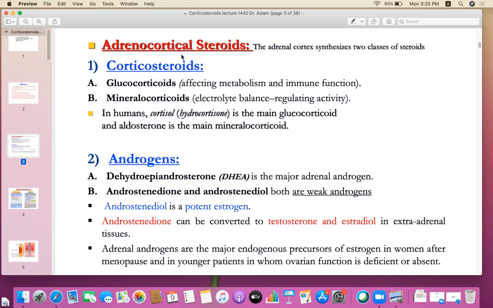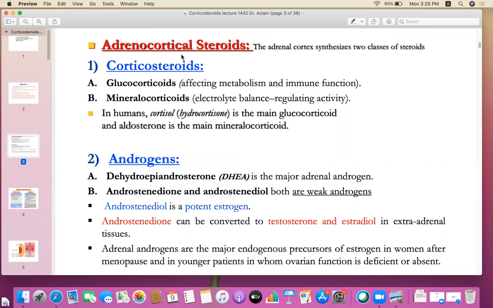Potassium, sodium, hydrogen. So mineralocorticoids are responsible for the electrolyte balance in our body, and when we see electrolytes, they come with the water molecule.